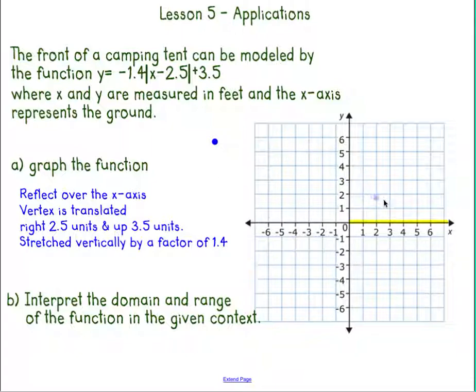So the vertex will be at 2.5, 3.5, somewhere about there, and then you would go to the right 1 unit and down 1 unit, but this time you're going to go down 1.4 because you're stretching it, and so you're going to have something that will mirror on the other side of the axis of symmetry.